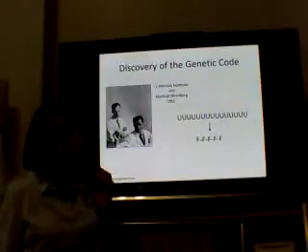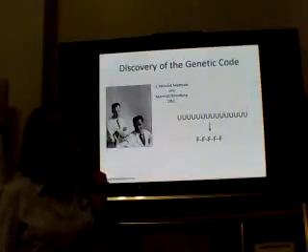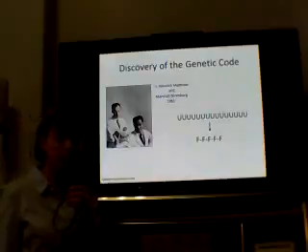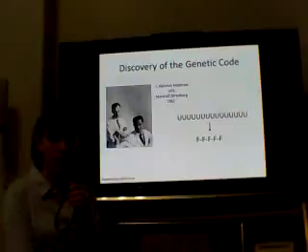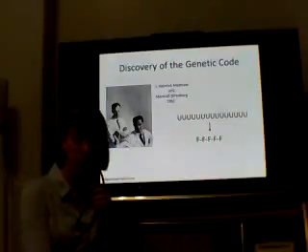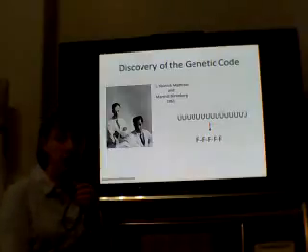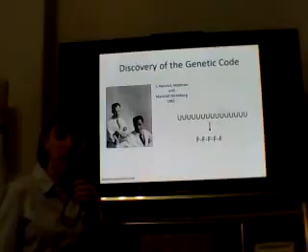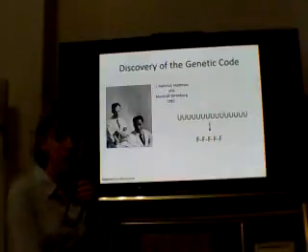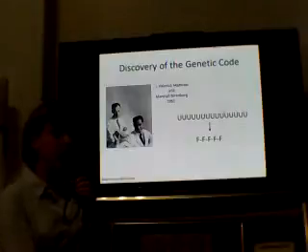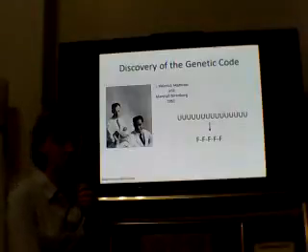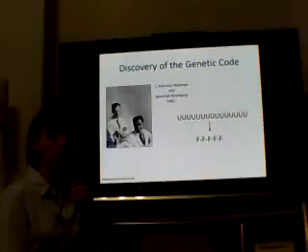Another clever experiment was done also in 1961 by J. Heinrich Matthaei and Marshall Nirenberg. They were able to take strings of nucleotides, for example, U, and put this into a cell containing radio-labeled amino acids, and figure out which amino acid got incorporated into the protein by using U. And so they figured out that this makes FFFFFF, which is polyphenylalanine.